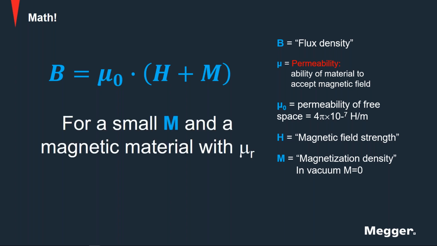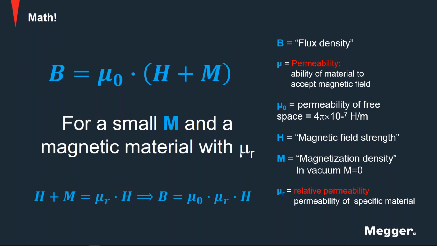That is important because for a small m and a magnetic material with some mu sub r, which is the relative permeability, or the permeability of a specific material, we can simplify this equation by saying that H plus M equals mu sub r times H, which then allows us to get rid of the M, and we can say that the flux density is equal to the permeability of free space multiplied by the relative permeability of the specific material multiplied by the magnetic field strength.